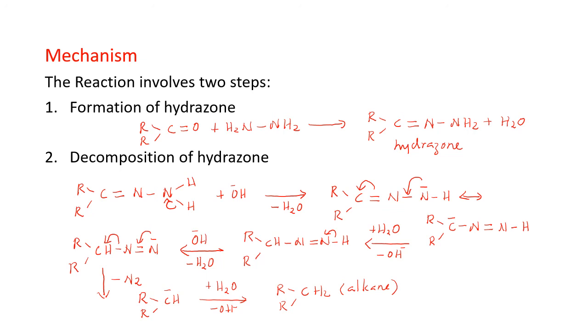Next step is exchange of proton. Since the reaction takes place in alkaline medium, we can write this step like this. And again, we get an intermediate from which a molecule of nitrogen is eliminated. And next step is exchange of proton with water and we get the alkane as the final product.